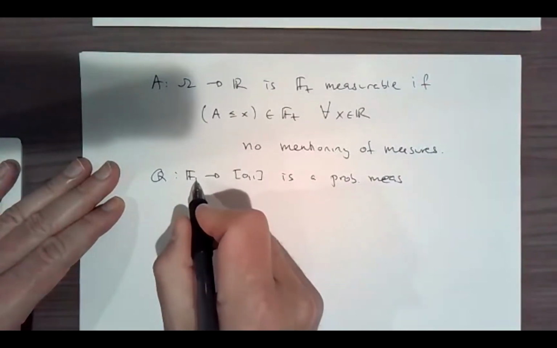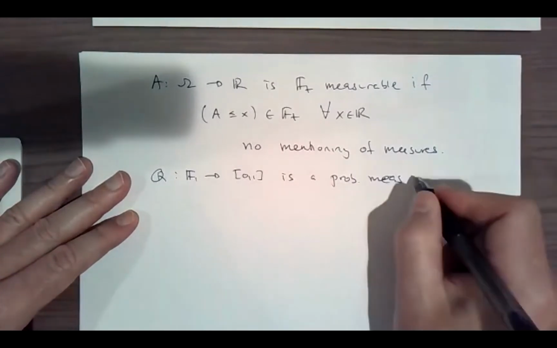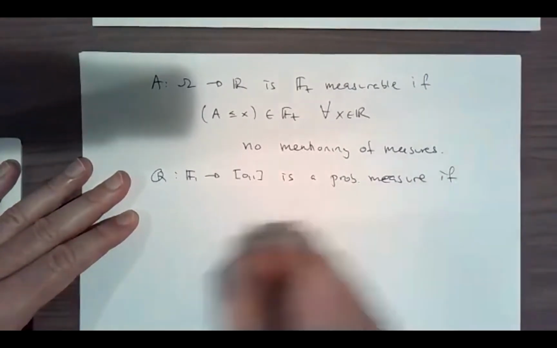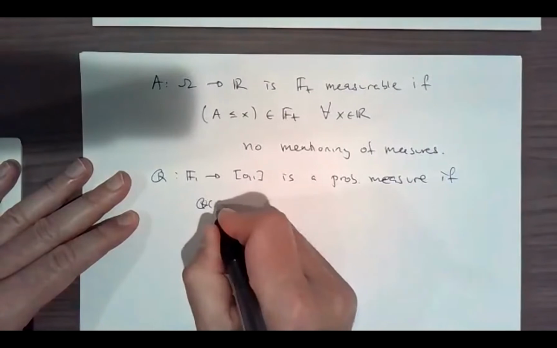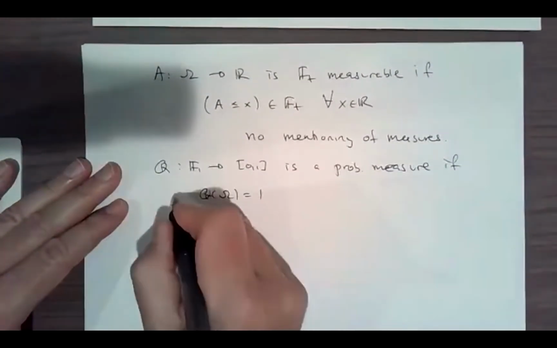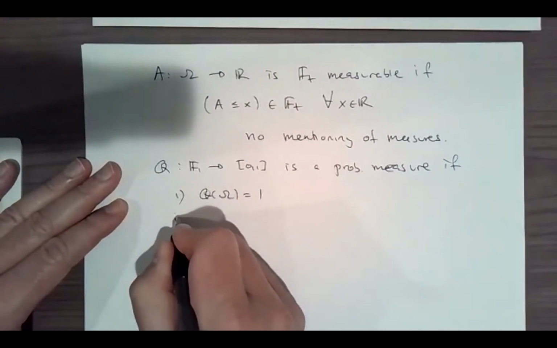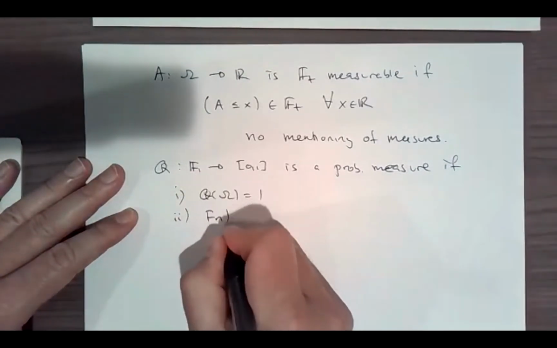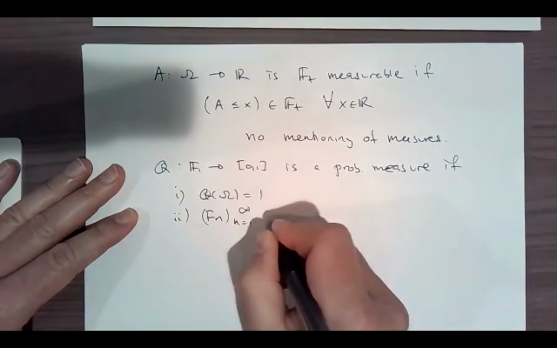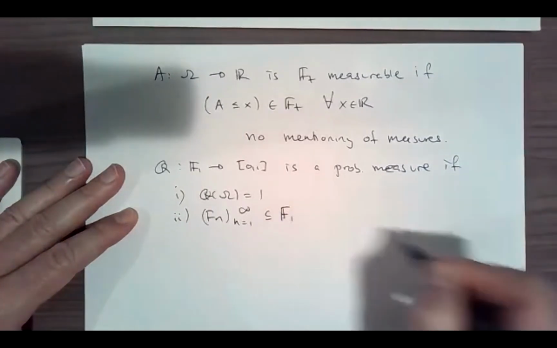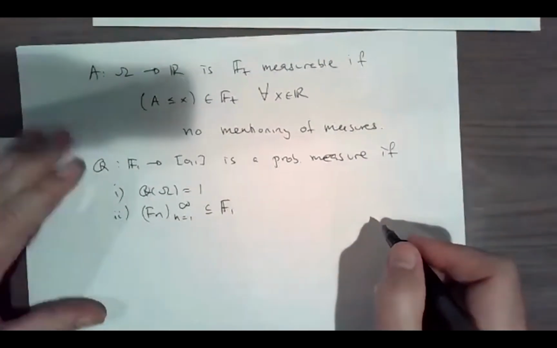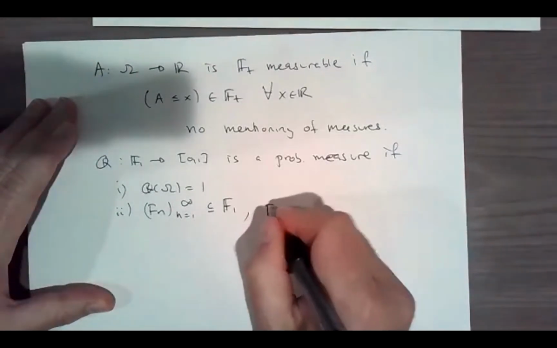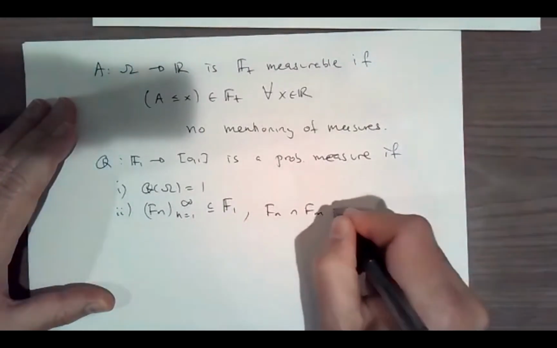Right, 1 here, because this is our time horizon, the problem. This is a probability measure if Q of omega is 1, and if whenever I take sets in here, Fn, it satisfies countable additivity. Yeah. That's how it always is. So I need these Fn's to be disjoint.